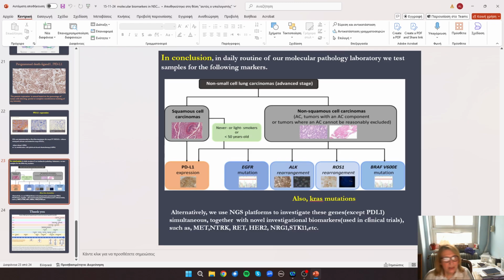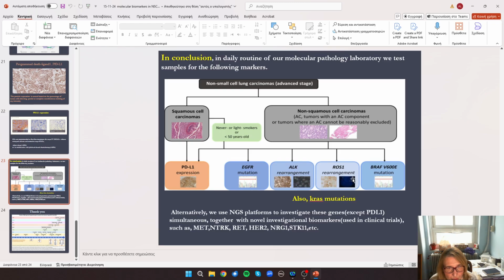In conclusion, in daily routine in our molecular pathology laboratory, we test samples from patients with lung adenocarcinoma for the following markers: EGFR mutation, ALK rearrangement, ROS1 rearrangement, BRAF V600E mutation, and KRAS G12C mutation, as well as PD-L1 expression by immunohistochemistry.